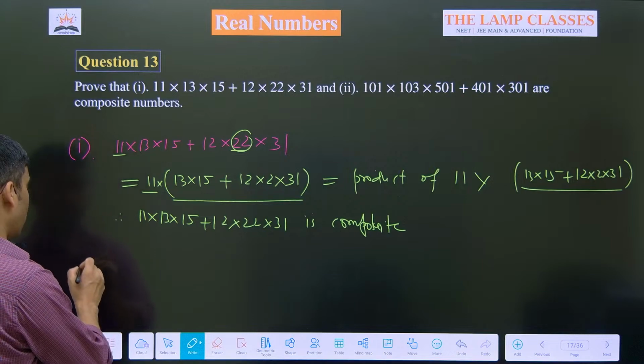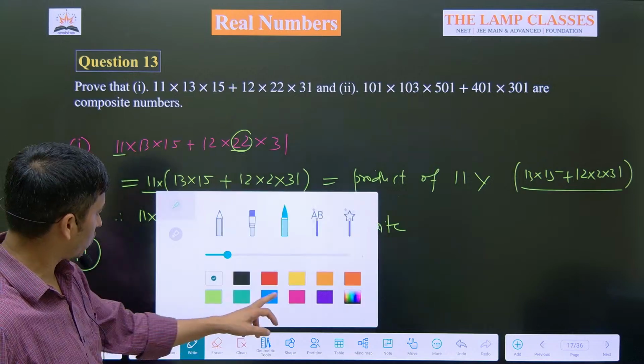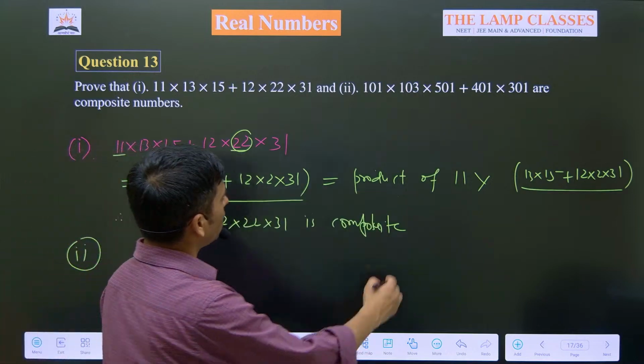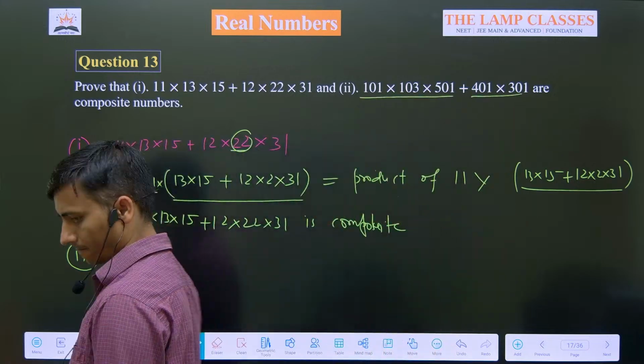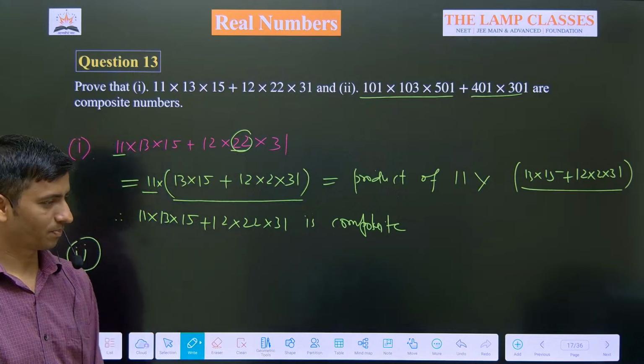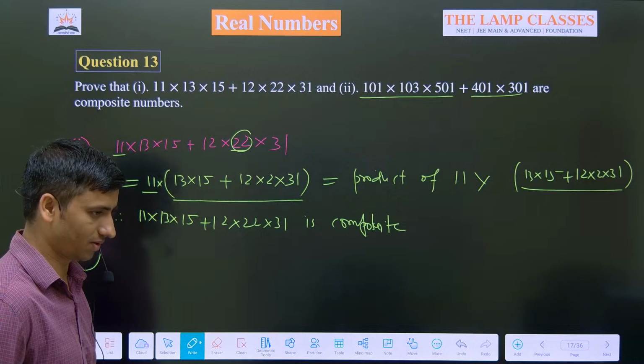Fine. Now, what about the second question? In the second question, you can clearly see there is nothing in common. Do you see any common thing? Do we have any common number here in these two? Yeah. Please try the second part. The second question is a good one.